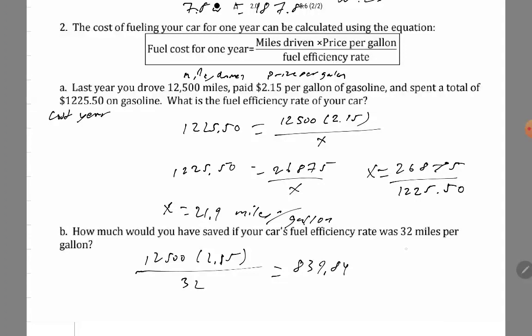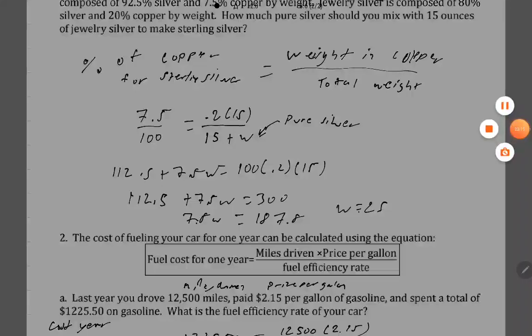So to see how much we would have saved if we had a more fuel efficient car, take the 1225.5 originally, and subtract 839.84, and that would have given you $385.66 in savings. Alright, hopefully that helps. Have a good day.